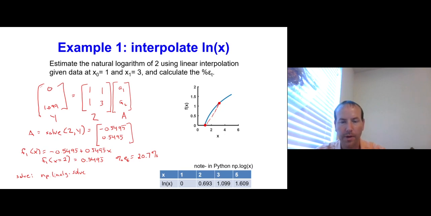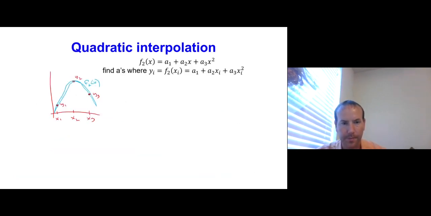What if you have more data points and you'd like to get a quadratic interpolating function? So this is what graphically this would look like. You've got 3 data points, y1, y2, and y3, and we're going to find the quadratic that interpolates, that goes exactly through these 3 data points.